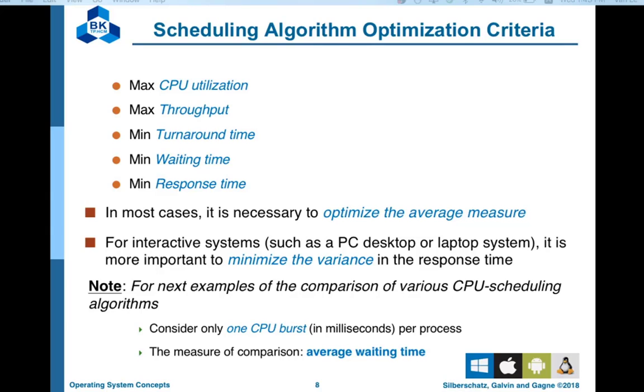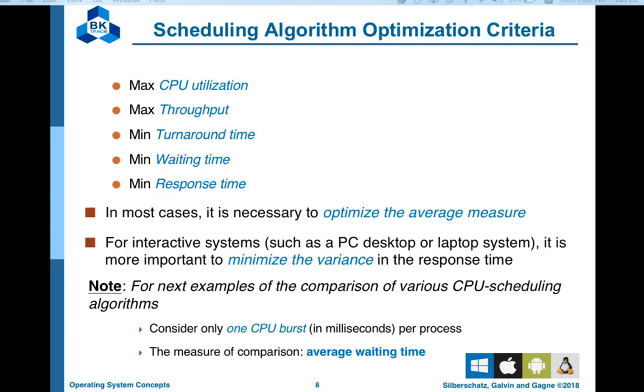So what's an interactive system? For example, you have a game, so you have many interactions between the user and the system. In an interactive system, you will almost always have small CPU burst times.